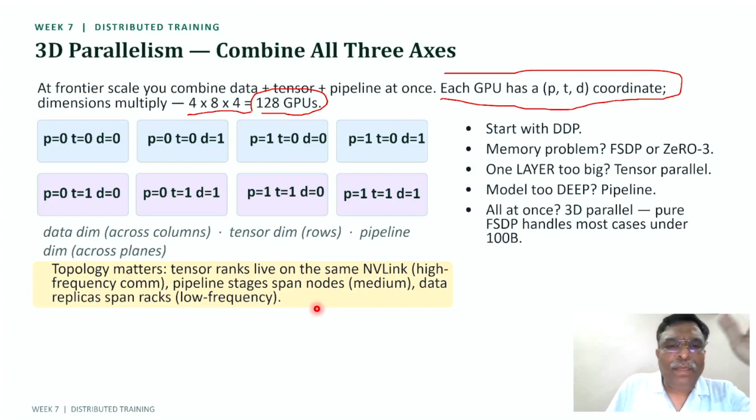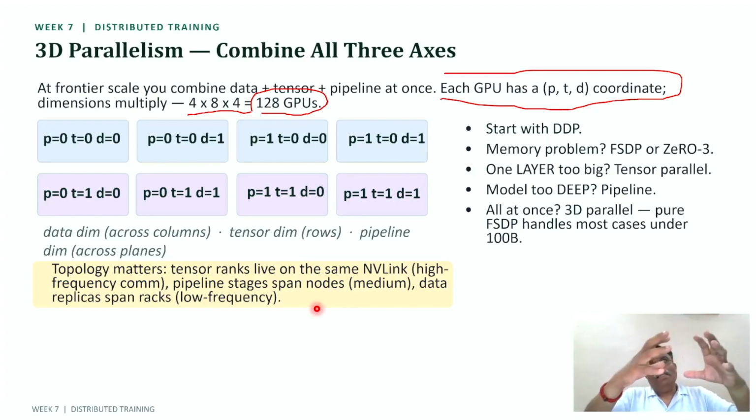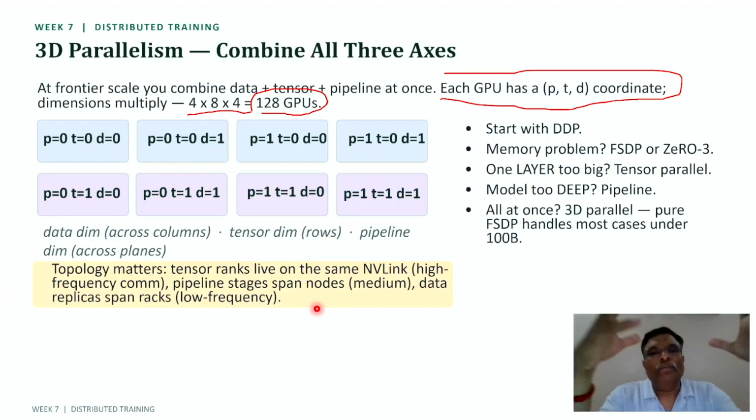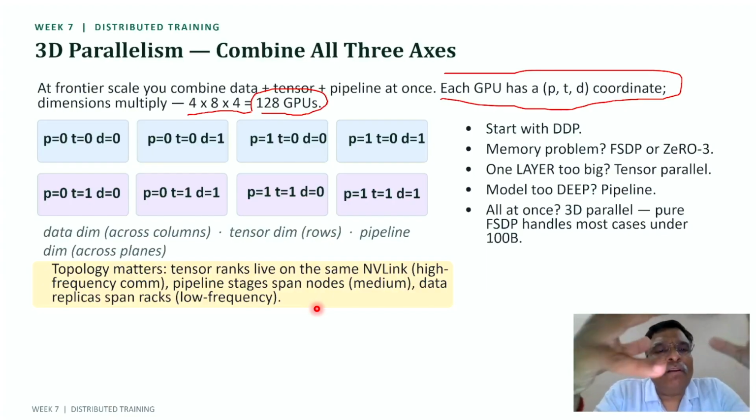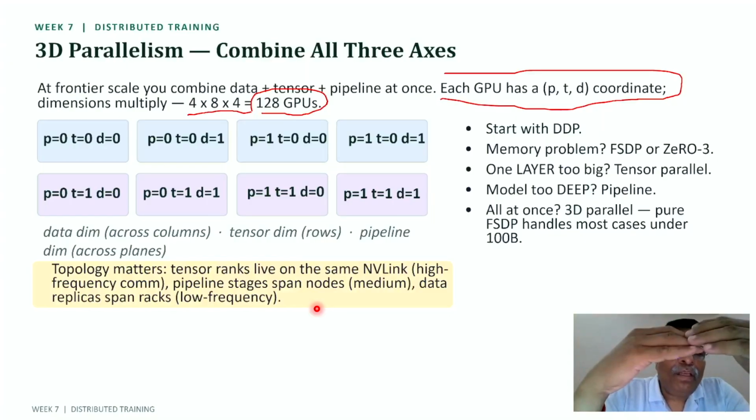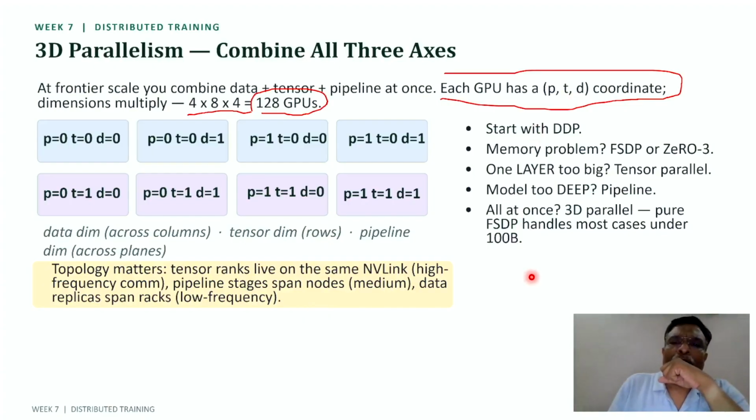So this basically means the complexity, or where the information is actually kept, and at what level you are trying to have the communication, depends on the topology of your distributed training hardware system, right? So we have NVLink, we have nodes, and we have racks.